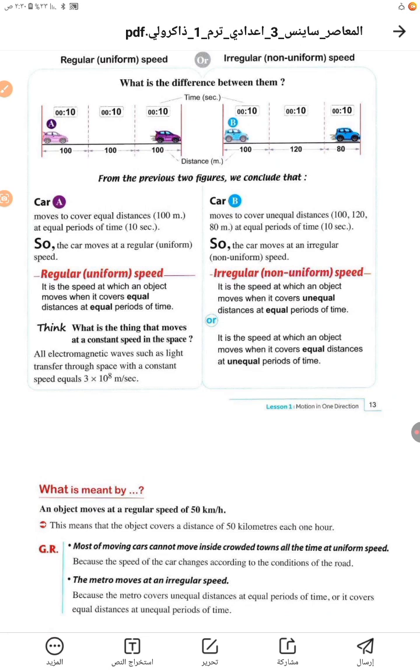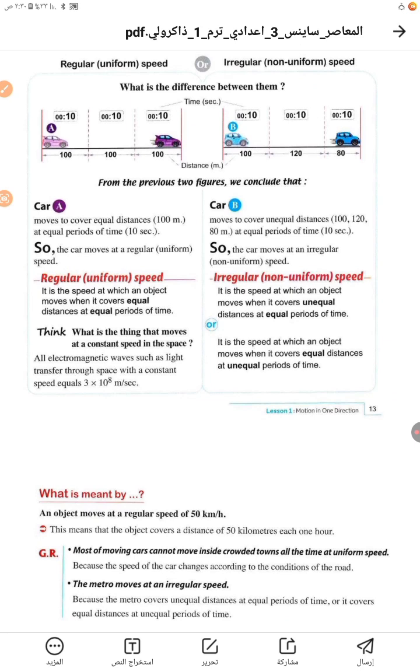The second car, car B, moves to cover unequal distances, 100, 120, 180 meter, 80 meter, at equal periods of time, 10 seconds.